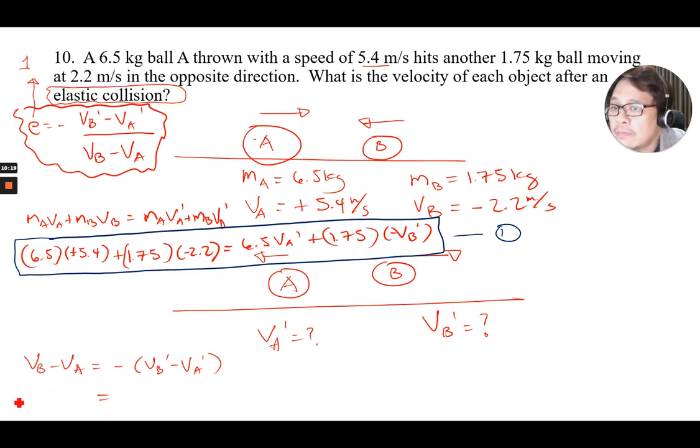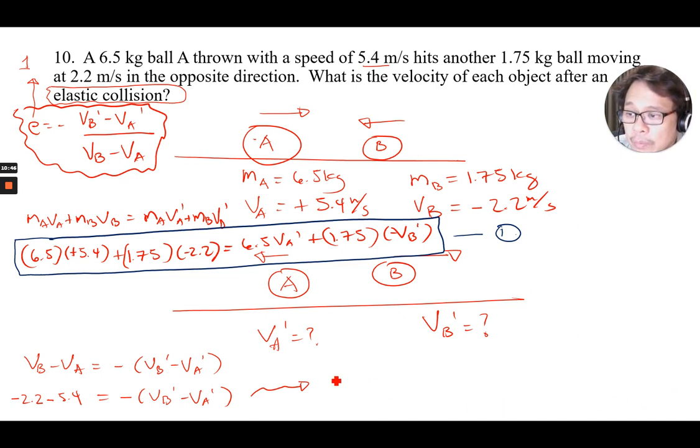So we have negative 2.2 minus 5.4 equals negative VB prime minus VA prime. So this equation ends up as what is 2.2 plus 5.4? You get 7.6.